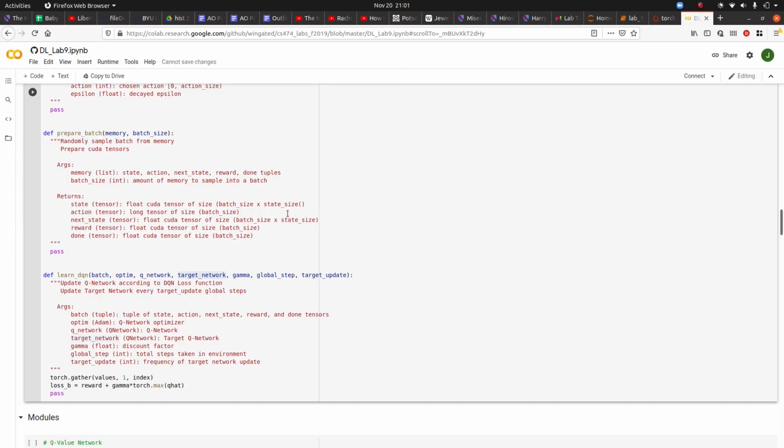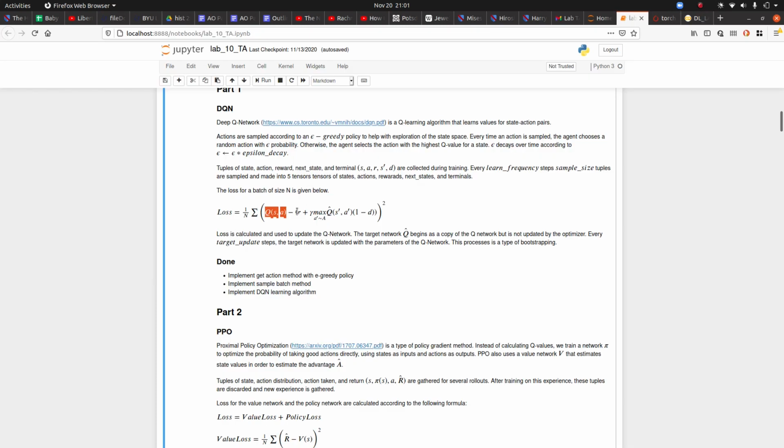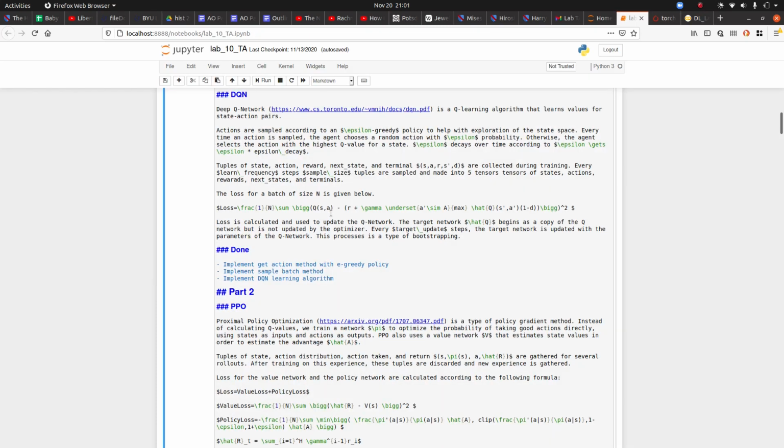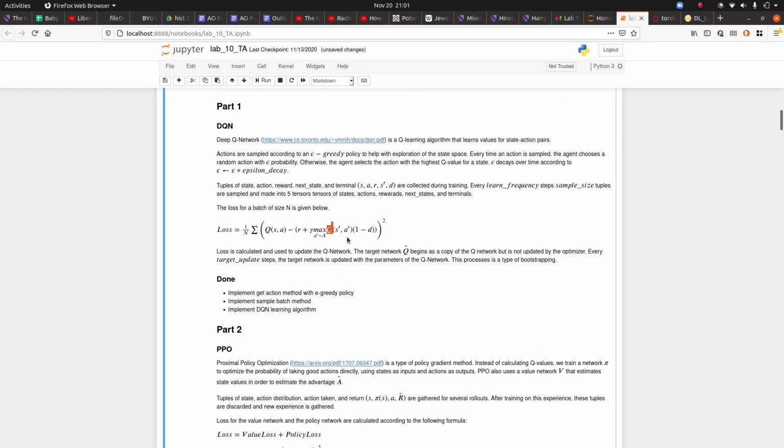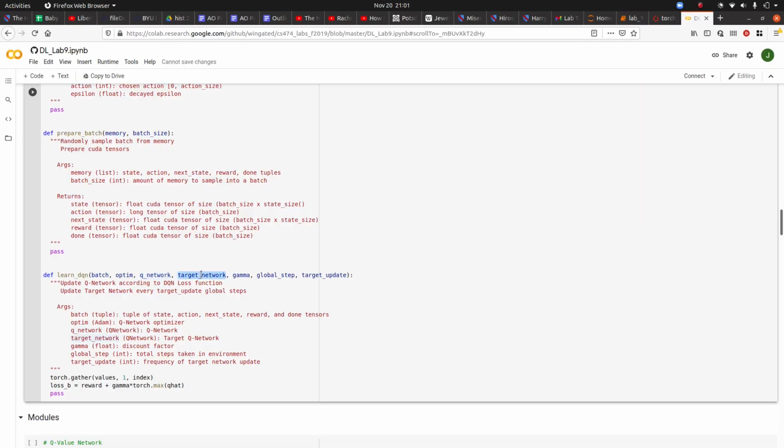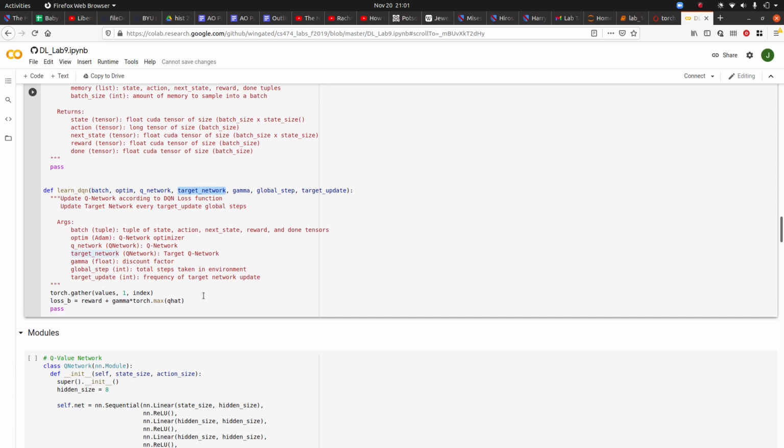Q comes from the Q network, but Q hat comes from the target network. Okay, so you get the torch.max of Q hat multiplied by 1 minus D as an integer, so that you don't get any 0.000000001 sort of thing. You don't want any of that. You want a true 0. Okay, and so there's your loss B.